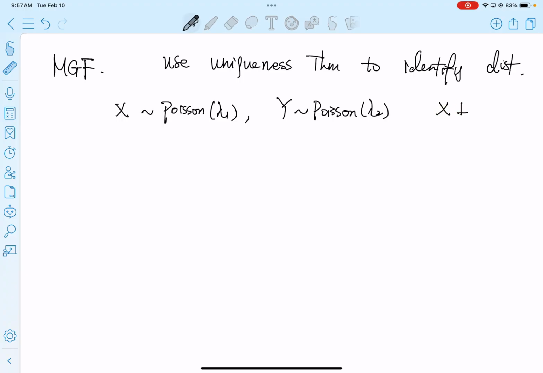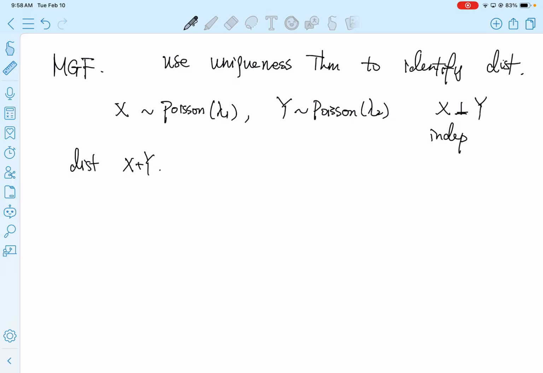So here, I write X with a perpendicular sign, and then another variable Y. This is saying X and Y are independent. And then with this assumption, you are able to use some properties that we introduced on the moment-generating function to discuss, in this case, the sum of the two random variables. So here we are interested in the distribution of the sum of X and Y.